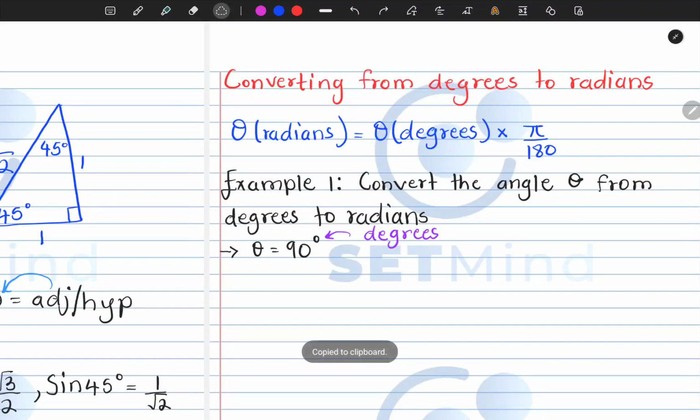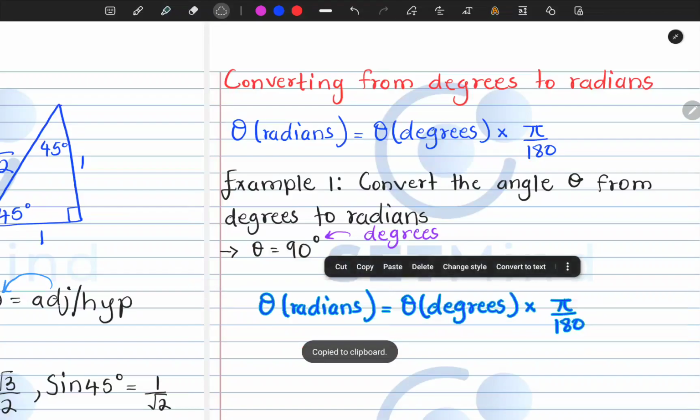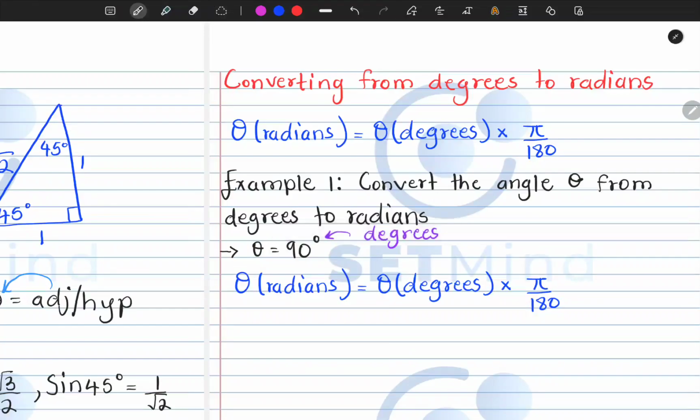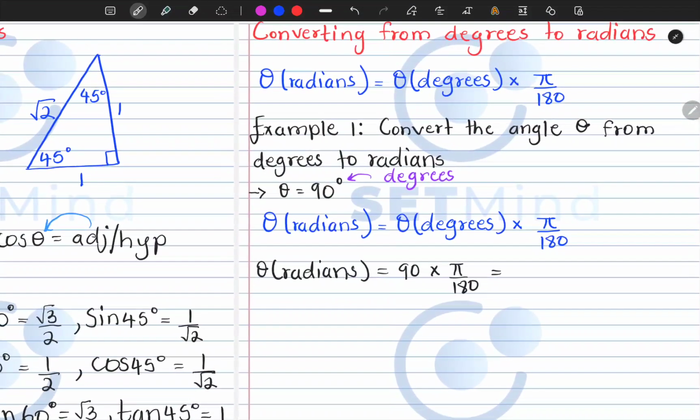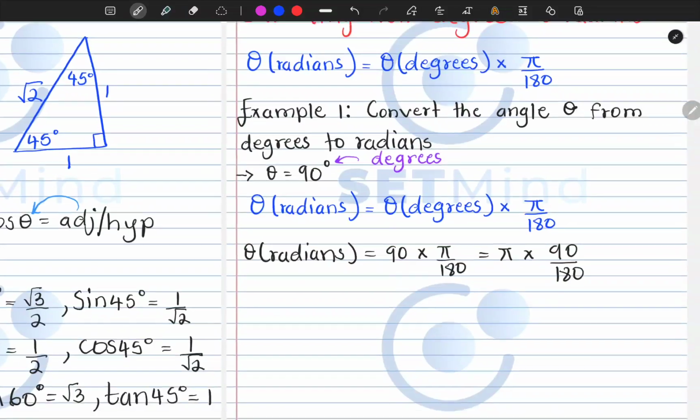So our angle in radians will be our angle in degrees multiplied by pi over 180. So this means that our theta, when it is now in radians, will simply be 90 multiplied by pi over 180. And if you look carefully, this is just the same as pi multiplied by 90 divided by 180.